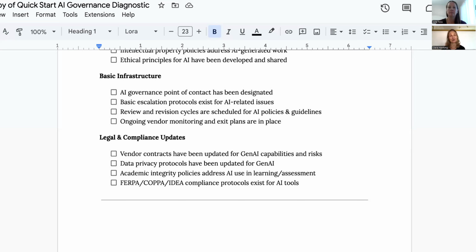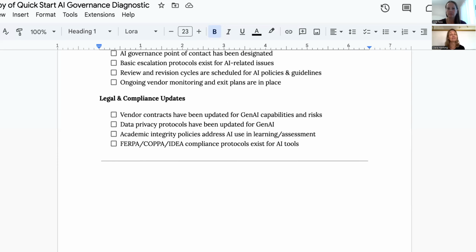And then vendor monitoring. Who's going to monitor the vendors, communicate with them, and ensure that exit plans are in place? And very importantly, and this is ongoing work, legal and compliance updates. We know this is ongoing work because we are seeing not only new laws coming in that guide the use of this technology, but also existing laws being interpreted in court cases to help us understand how they apply in practice.